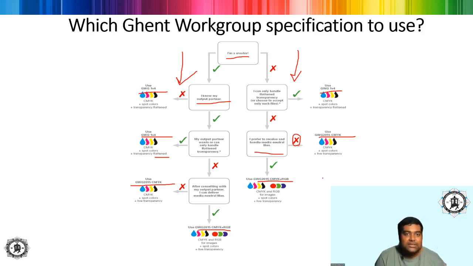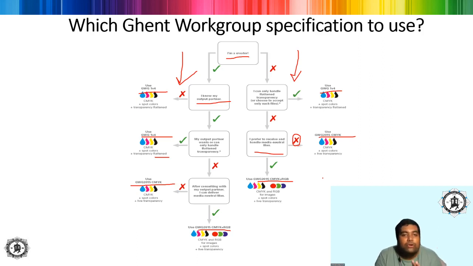So hopefully this much is clear. In the next lecture we'll be talking more about some detailed workflow on how to get these PDFs created using native design applications and office applications, and using certain specifications from GWG to create the correct file, right?